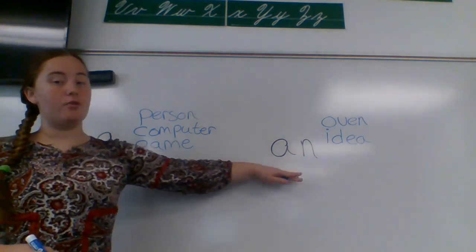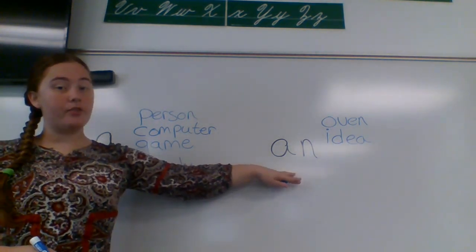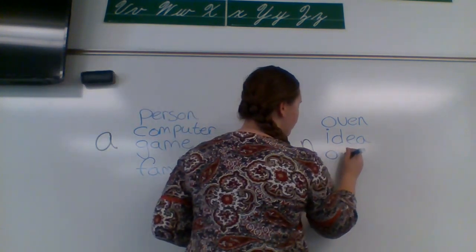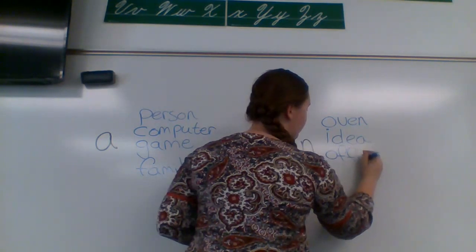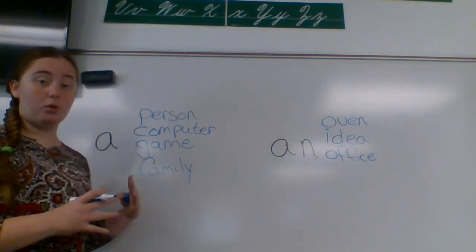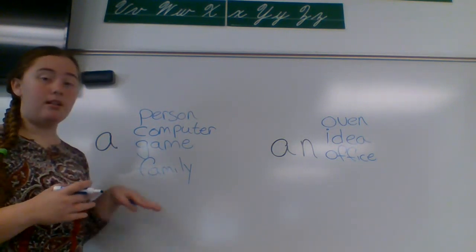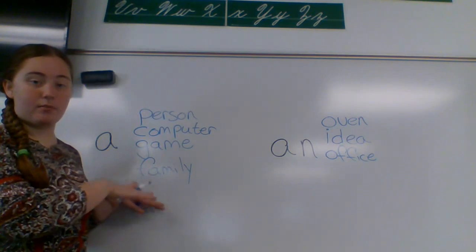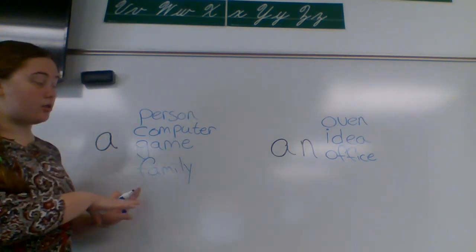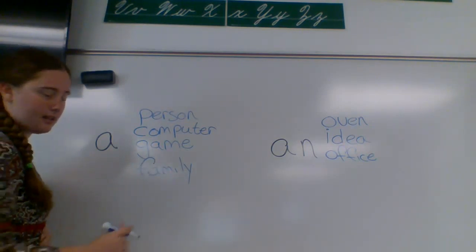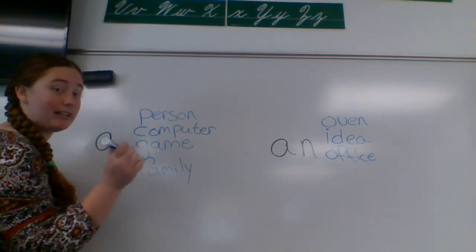Right, office starts with an O, so it's going to be an office. The word school: school starts with an S, so it's going to be a school, because the S is a consonant.